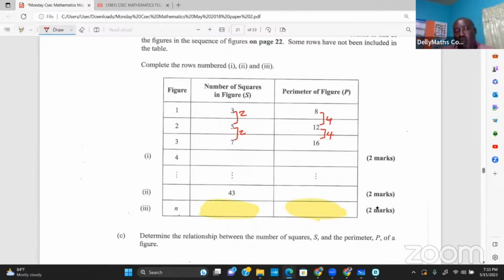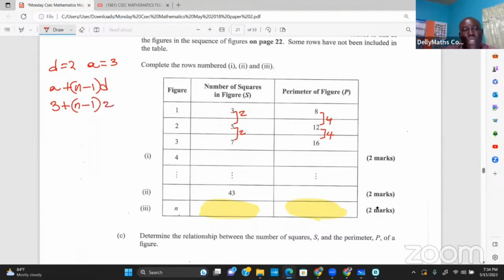Remember now, the common difference is 2 for the first one we're doing. We're completing this one now. So the difference is 2. The first term is 3. The first term, we call it A. It's 3. So here is the formula: A plus (n minus 1) D. A is 3.